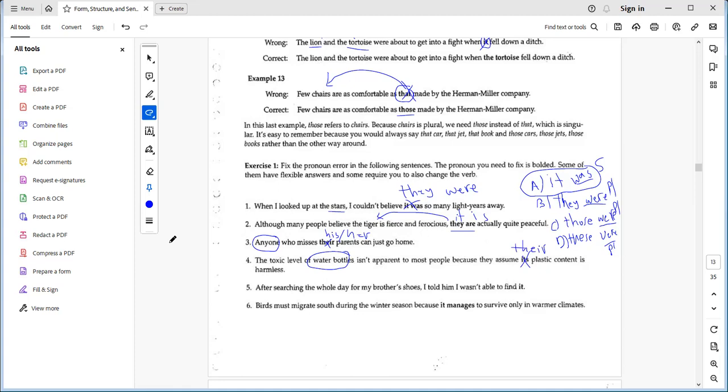Number 5, Basil. After searching the whole day for my brother's shoes, I told him I wasn't able to find them. It's them because we're talking about the brother's shoes. Excellent.